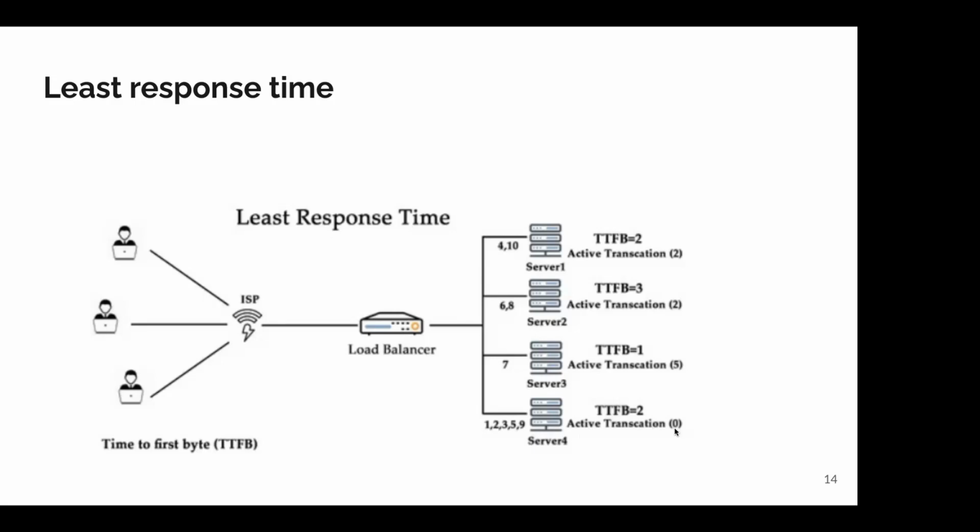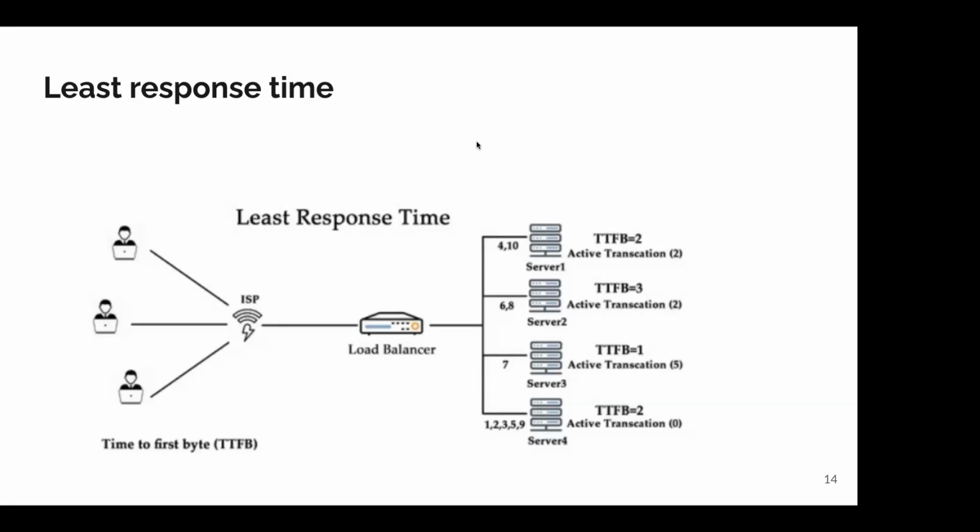So TTFB is time to first byte. Whenever you are measuring the response time of the system, right, there is some bit of time a server takes in order to warm up and bring up that system. So whenever you hit that server, during that period, it would take some extra time.